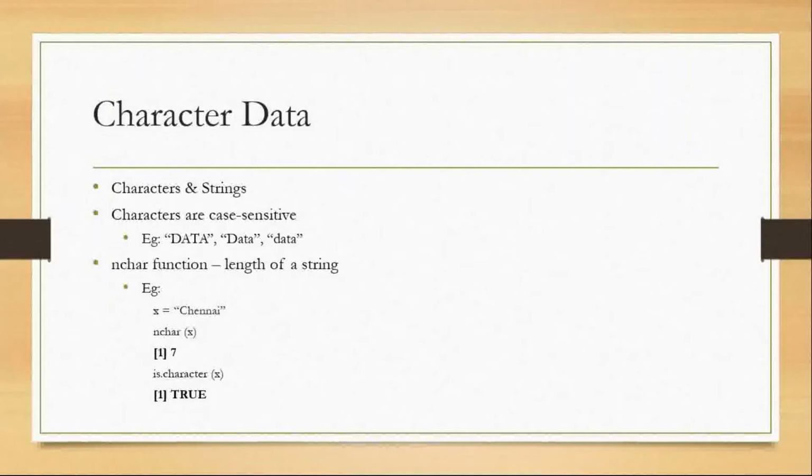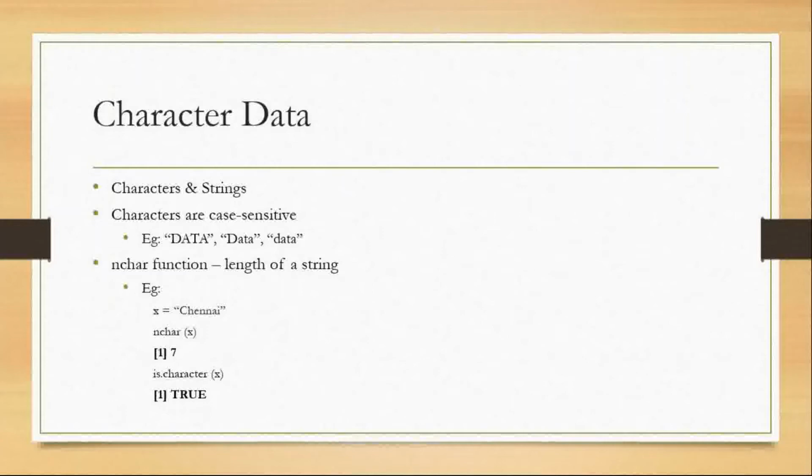Now let's see the various functions that are related to the character data type. The first one is the nchar function. As the name suggests, here n stands for number of. The nchar function returns the number of characters, or the count of characters, otherwise known as the length of a string that is passed as argument to it.